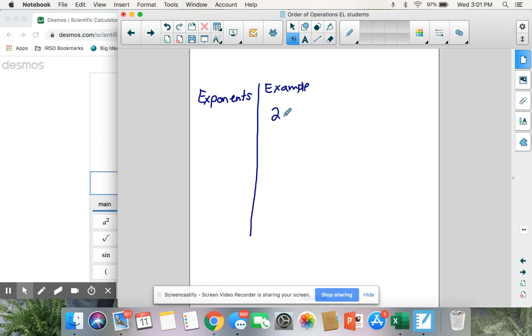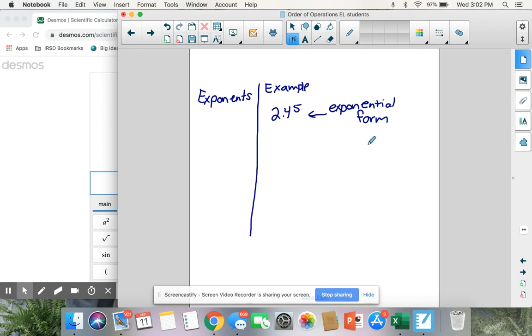Your example is 2 4/10 to the power of 5. I want to point out that this is that number written in what we call exponential form, because it is the base with the exponent.